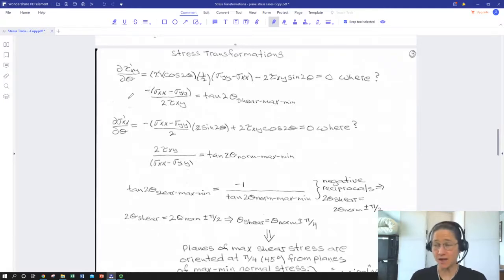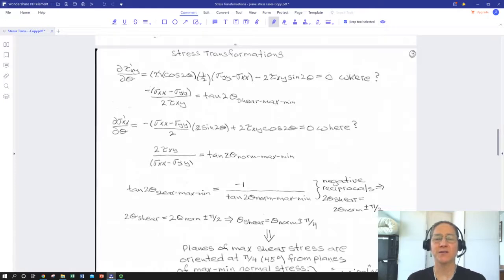Okay, so we're talking max-min. We're talking extrema. Let's take the first derivative with respect to theta of our shear and normal stress expressions for that tilted plane and see where they're 0. So here's an expression for the first derivative of our tau prime xy, shear stress on our tilted plane.